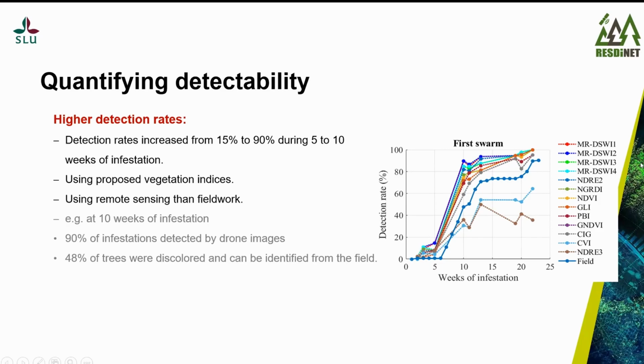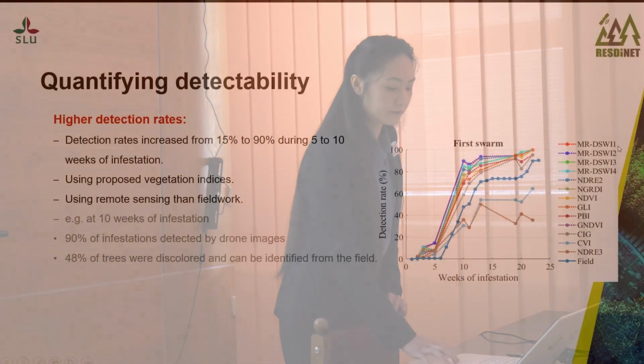We can see that using most of the vegetation indices, no matter which we use, most of them show no detectability or very low detectability for the first weeks of infestation. So we say at this time, from 0 to 5 weeks of infestation, the green attack was almost not detectable, even using the multispectral drone images.